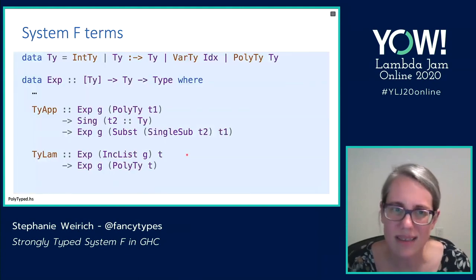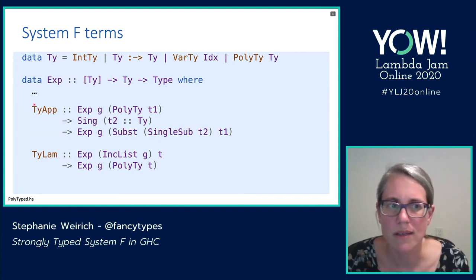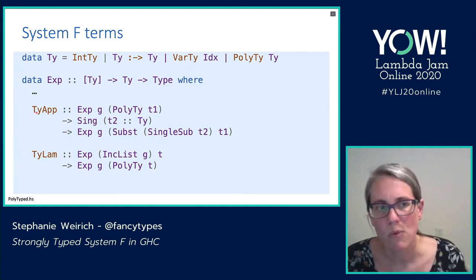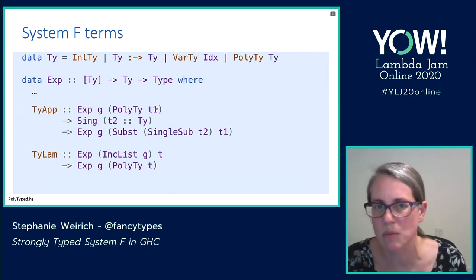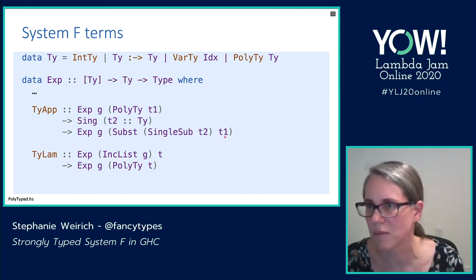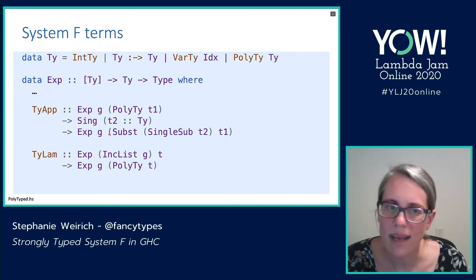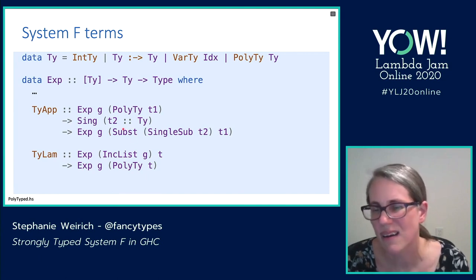But once I do all of that, the payoff is right here. If you look at the definition here for type app, we want to say, when is a type application well typed? If I have an expression that has a polymorphic type, the result type should be substituting some argument type for variable 0 in the body of that polymorphic type. So I get to use the substitution operation that I defined on the previous slide.